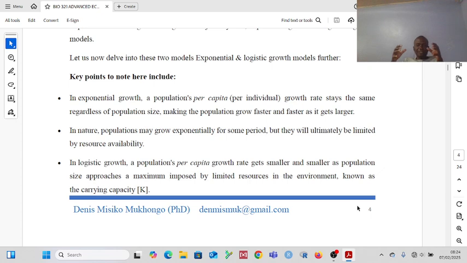So if you are thinking of a population is increasing by 2, if you have 1, it doubles. If you have 2, it doubles. It will increase like that forever. That is in an exponential growth.